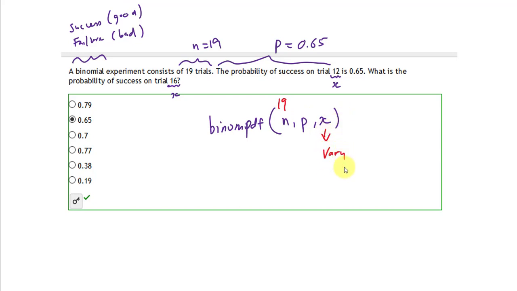This x value could vary from 0 up to 19, and p is the probability of success, and this p value must be a fixed value. So you must have one single value for any value of x. Because we know that the probability of success on trial number 12 is 0.65, this is the p value, and therefore on any given trial number, you should always get 0.65. So p is the fixed value.